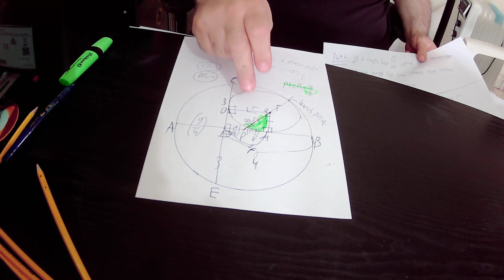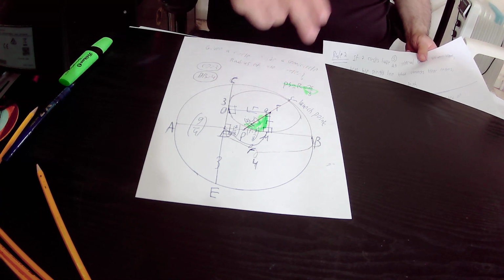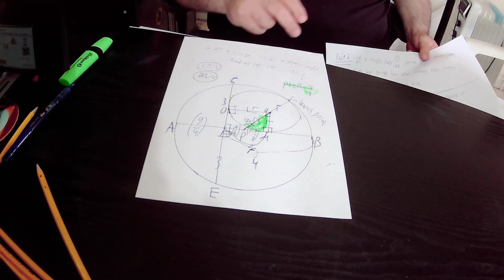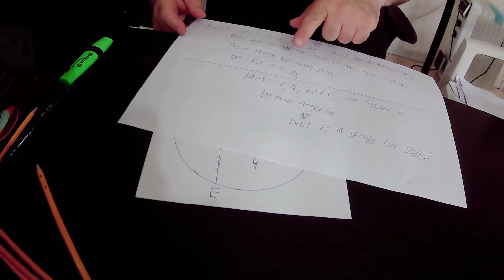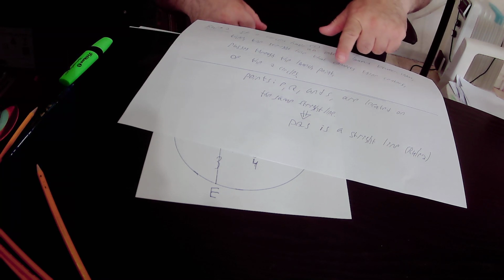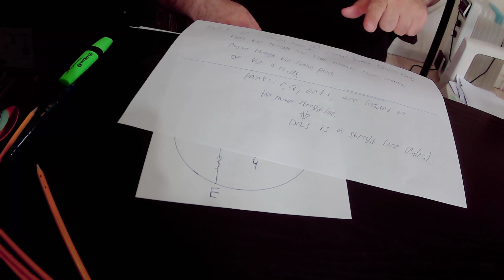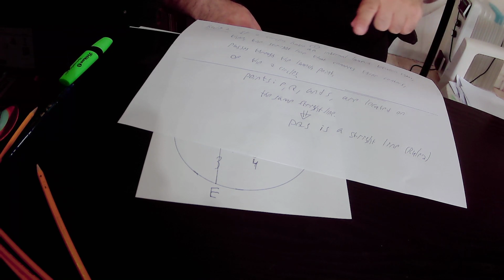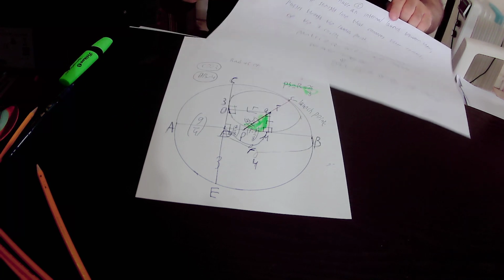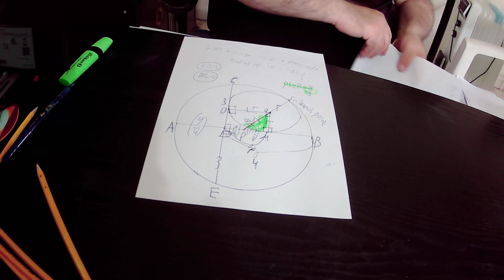That is to say, PQS is one straight line, or points P, Q, and S are located on the same straight line. PQS is a straight line according to rule number 2.